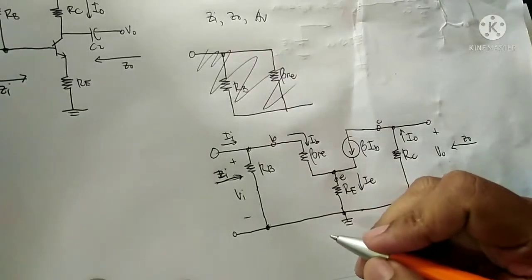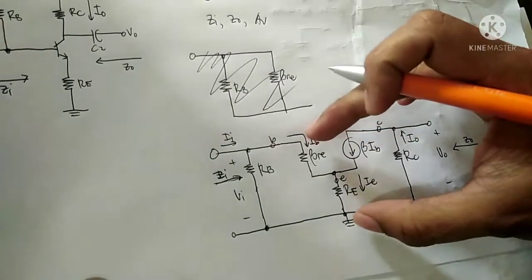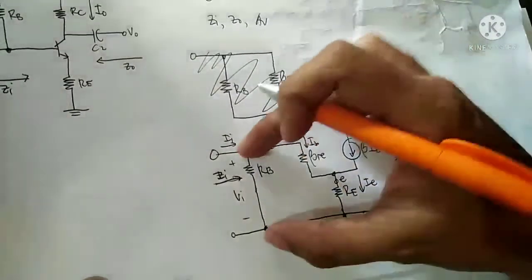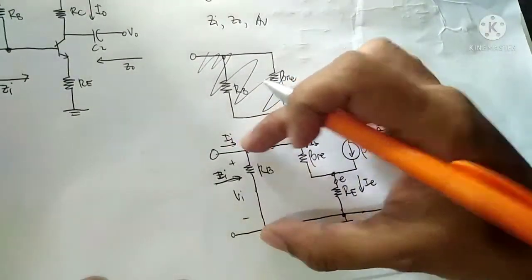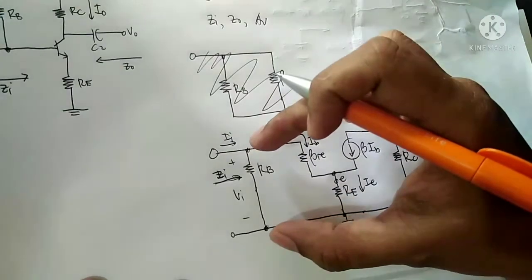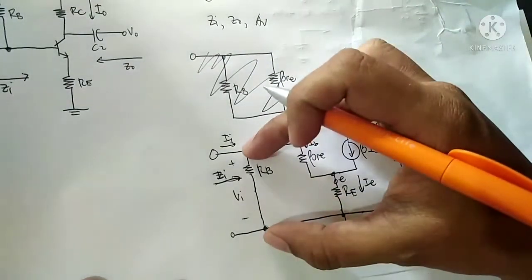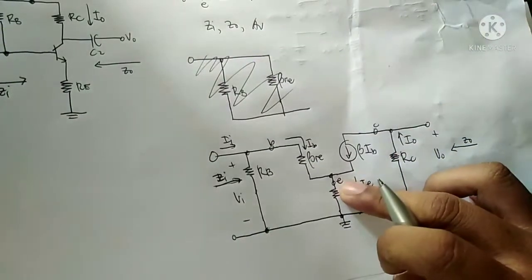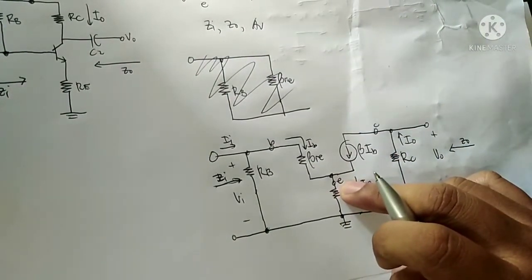If you look at the input voltage here, since they are in parallel, the input voltage across RB and the input voltage across beta re plus RE are equal.